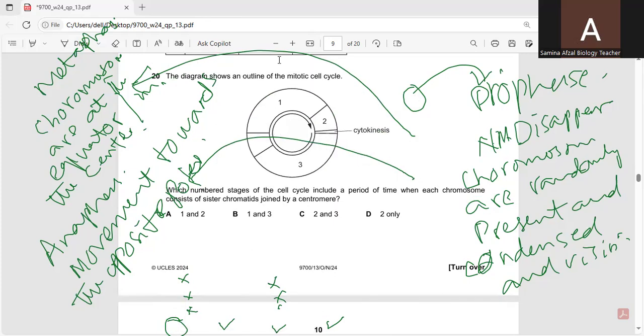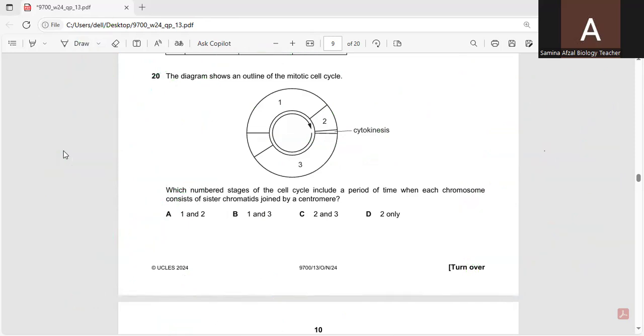After this, question number 20. The diagram shows an outline of the mitotic cell cycle. So in the mitotic cell cycle, you can see three different stages, 1, 2, and 3.